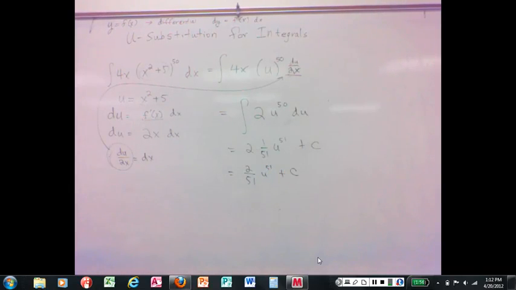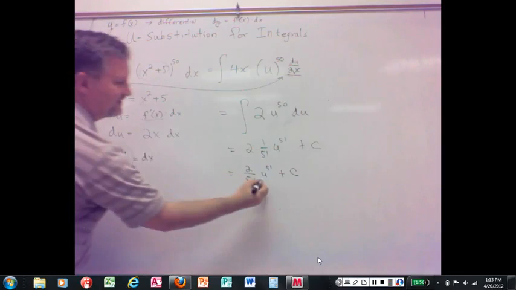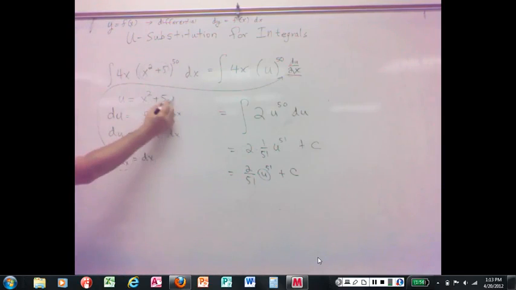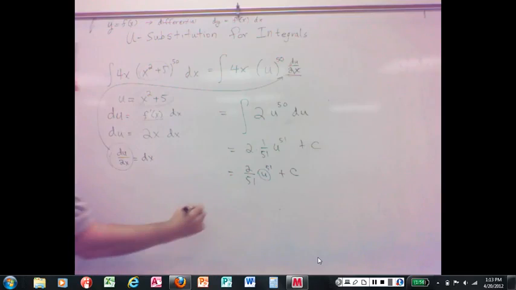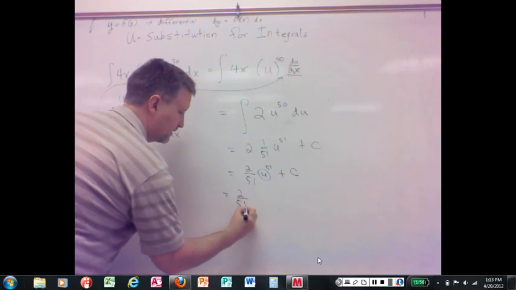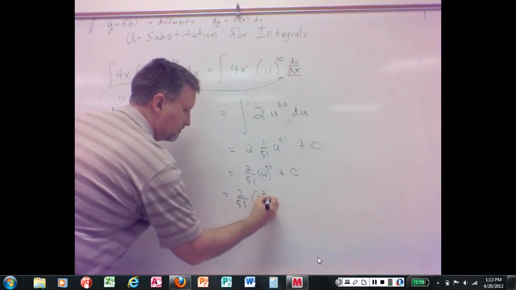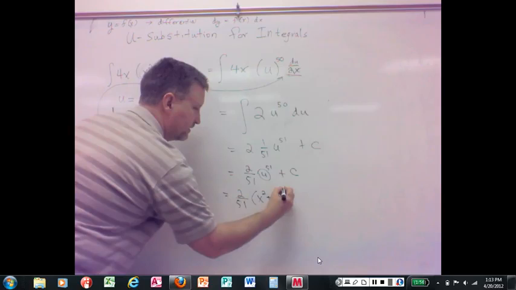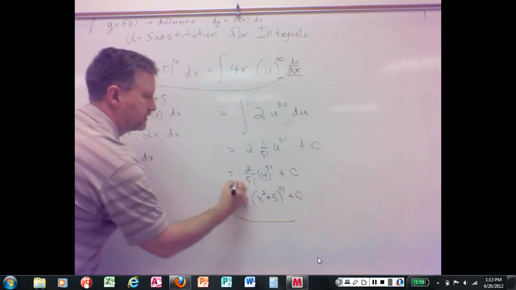However, we're not quite done because we wanted the integral with respect to x. Well, we can get back to x here, can't we? Because we know what u is in terms of x. Just go back and resubstitute the x squared plus 5: 2 over 51 times x squared plus 5 to the 51 plus c.